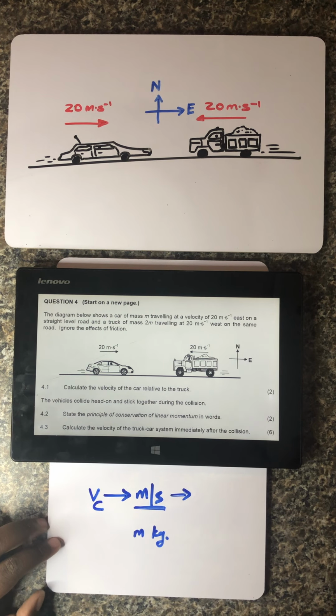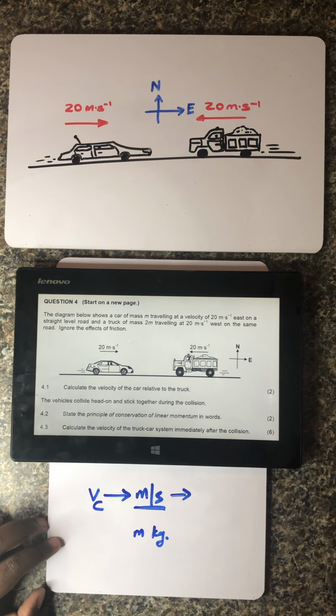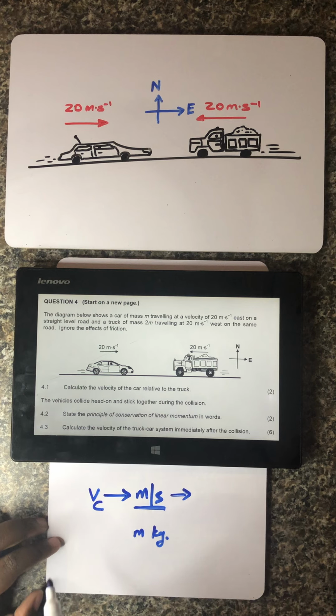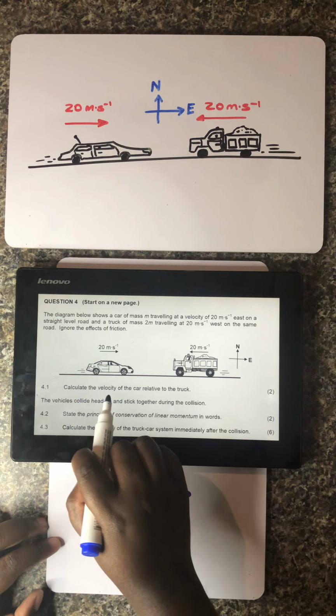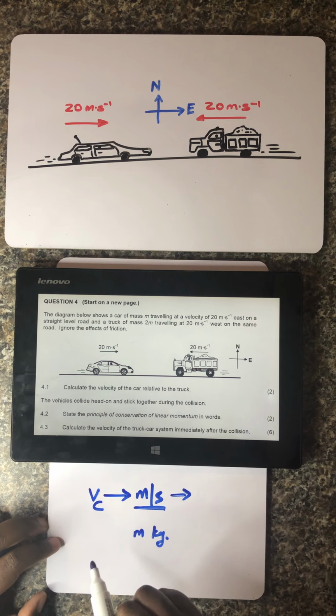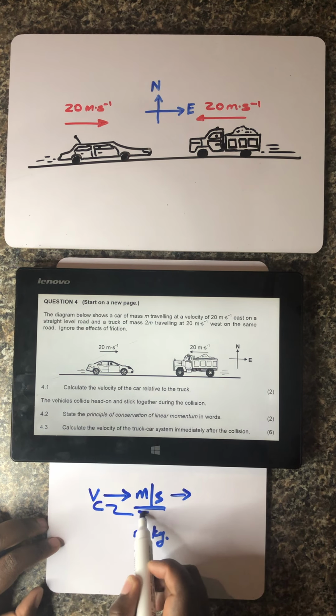Why did they have to specify that you must calculate the velocity of the car? It's because you've got two objects over there, which is the car and the truck. So in the question, they want you to calculate the velocity of the car relative to the truck. So relative to the truck.